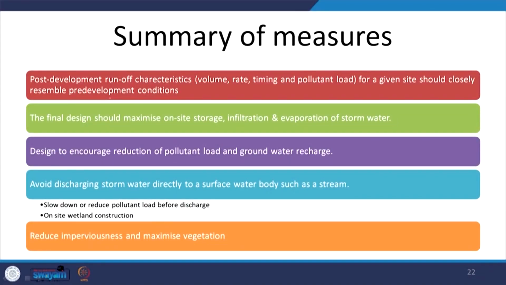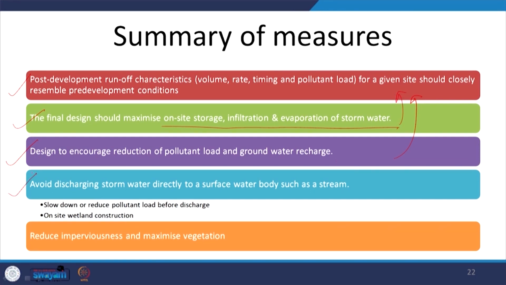So, there should not be any change in the runoff as far as possible in the volume, rate, timing and pollutant load for a given site. The second one is that the final design should maximize on-site storage, infiltration and evaporation of storm water and not let it go to the drain. The third is to encourage reduction of pollutant load and groundwater recharge. All of these are leading to the first point, which comprises these.